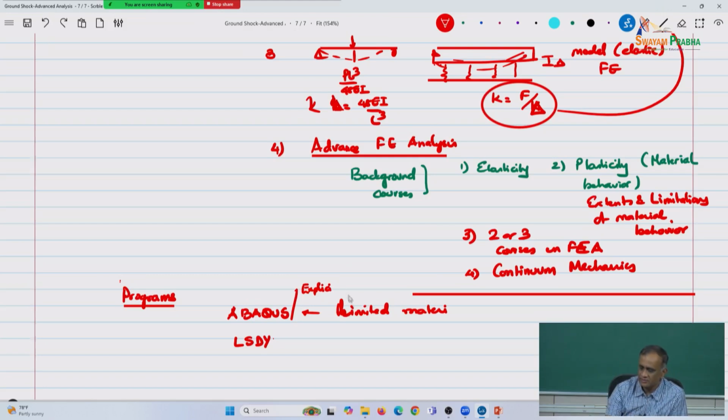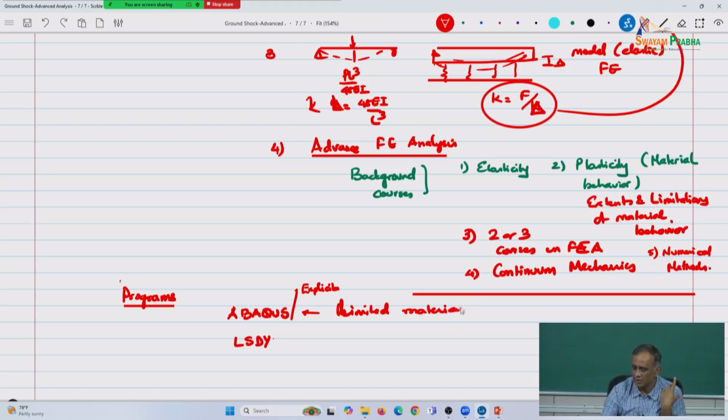Explicit is, I forgot to include numerical techniques. Advanced numerical methods, where you learn about implicit integration techniques and explicit integration, or it could be part of other continuum mechanics or finite element analysis courses. So, Abaqus has limited material models, but it does do it.